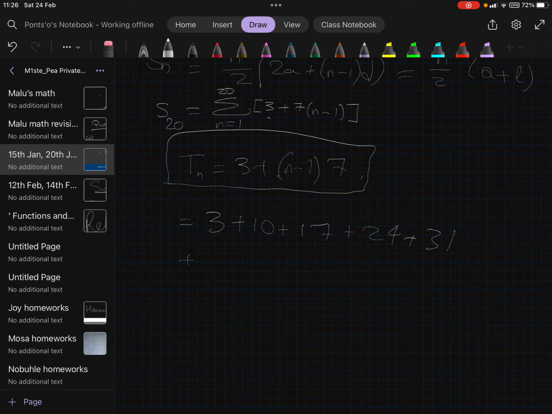We do that again for the sixth term. So 6 minus 1 is 5 times 7 is 35 plus 3 is 38, plus what's the seventh? 7 minus 1 is 6 times 7 is, help me out with the calculator.